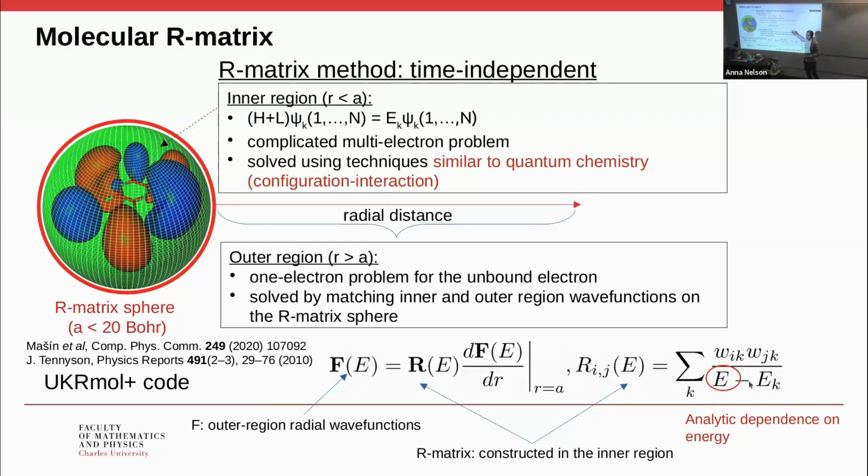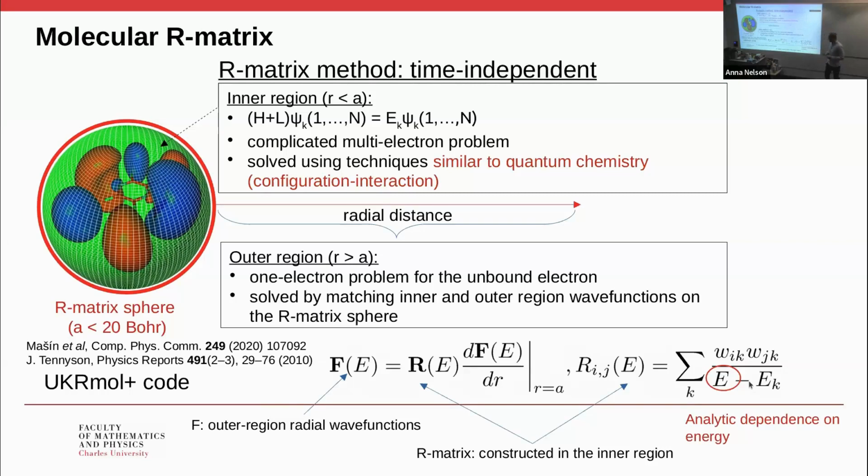In the inner region, it's basically quantum chemistry. These are techniques of configuration interaction, but adapted to the solution of a continuum problem. You have your standard target molecule orbitals from quantum chemistry, but you also have additional orbitals which describe the electron which is unbound.